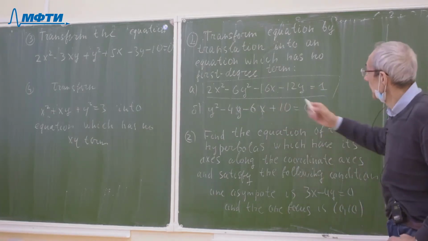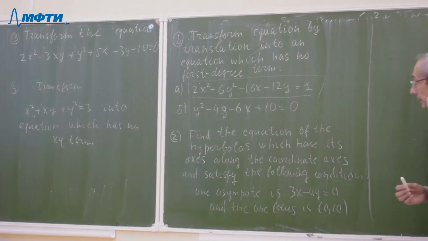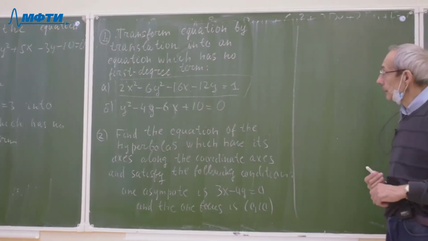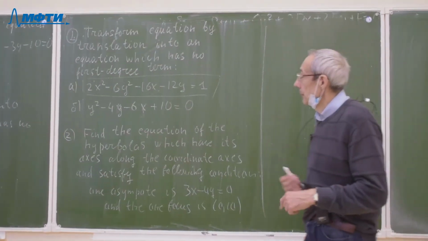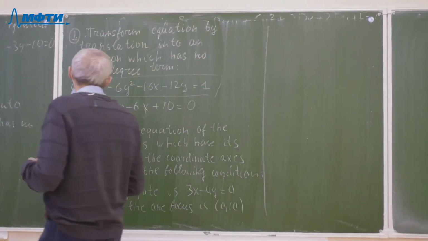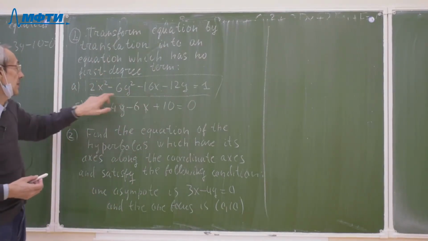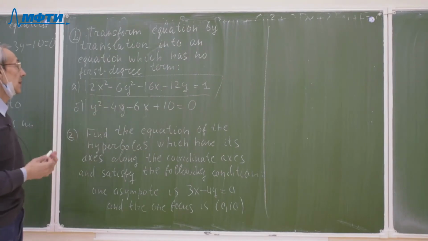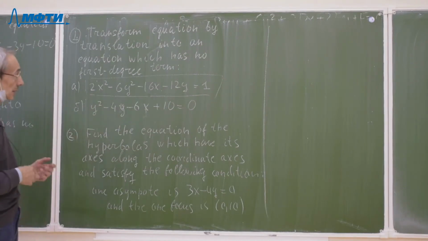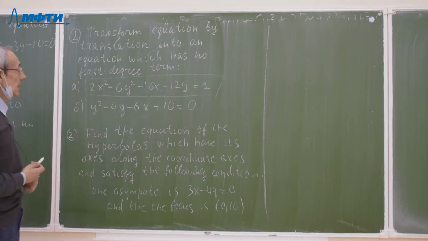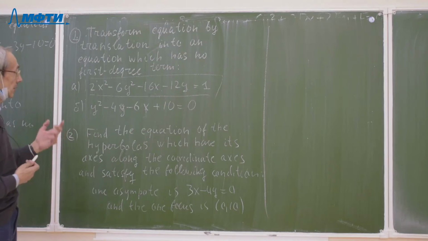I will transform these equations such that these terms and these terms can be transformed so that this sum becomes the square of some linear term.